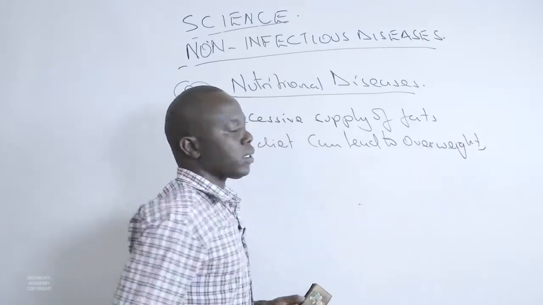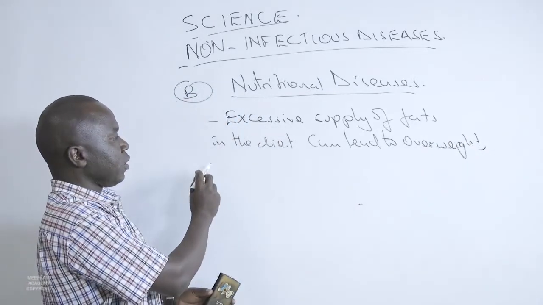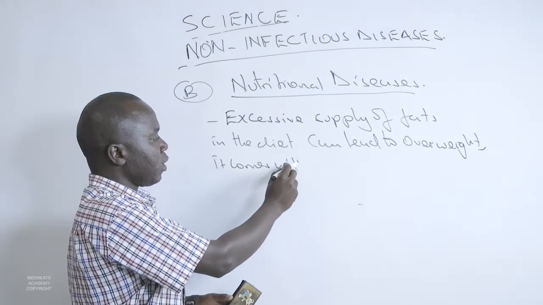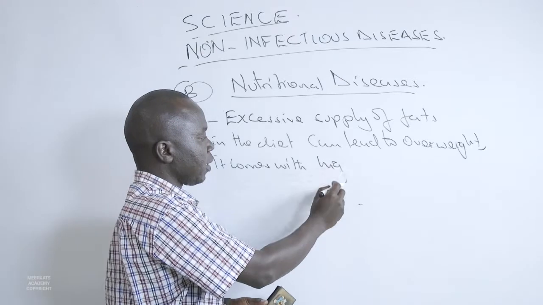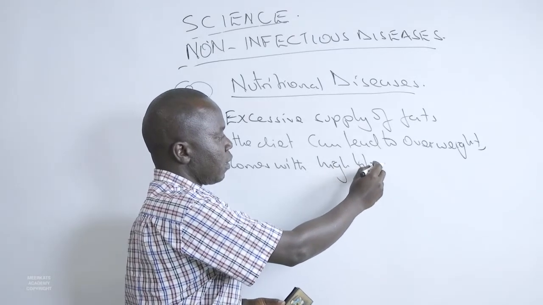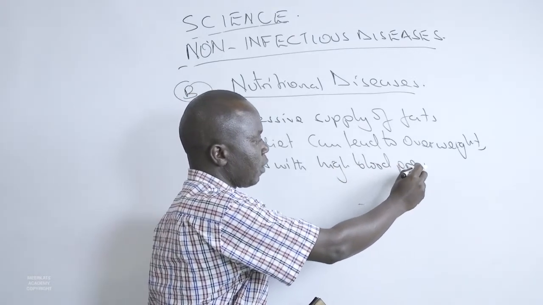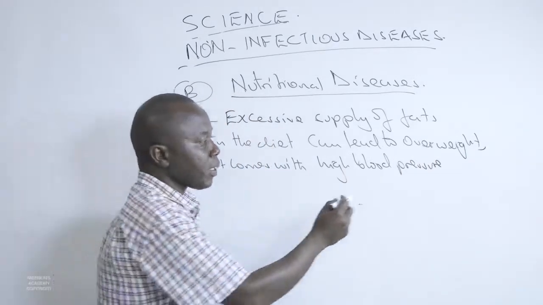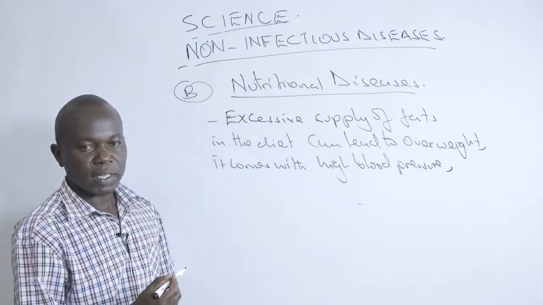Now, when you are overweight, the problems that come in, it comes with high blood pressure, also called hypertension. Now, high blood pressure usually overworks the heart.